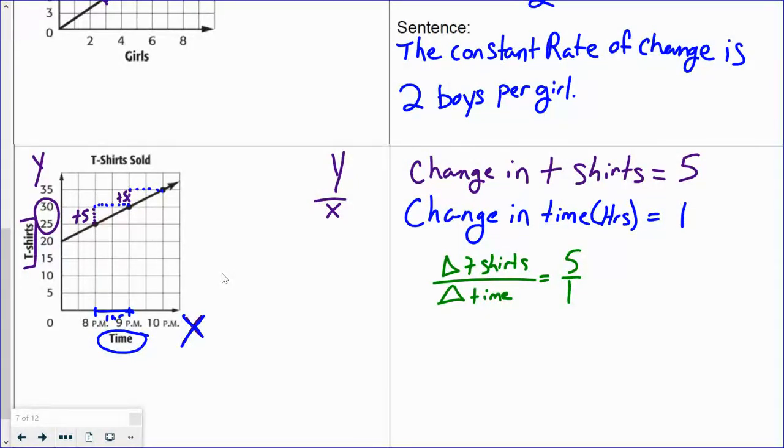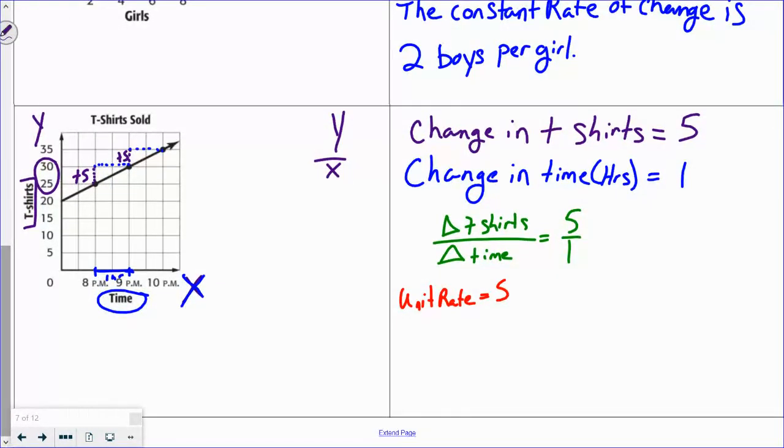So what is my unit rate? Our unit rate equals 5. So put it in our sentence form.